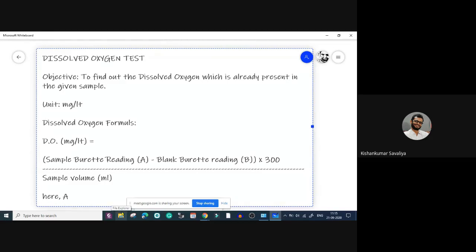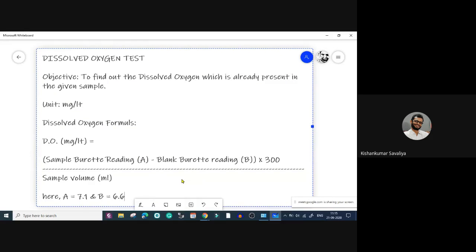The value of A is equal to 7.1, which is the burette reading, and B, which is the blank burette reading, is equal to 6.6.